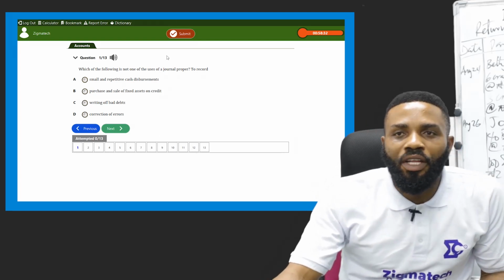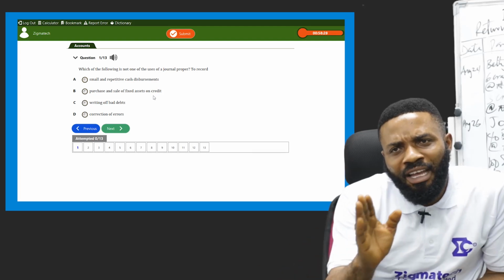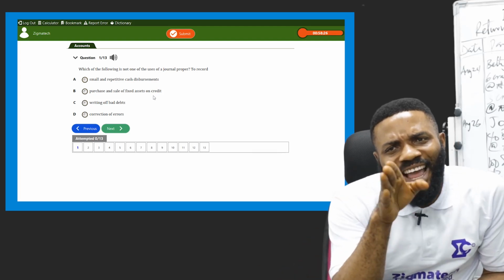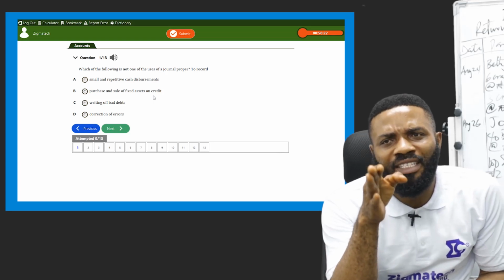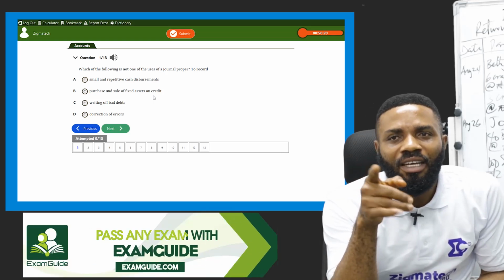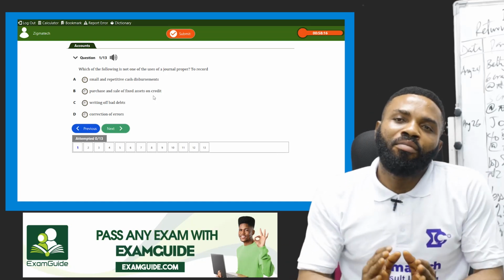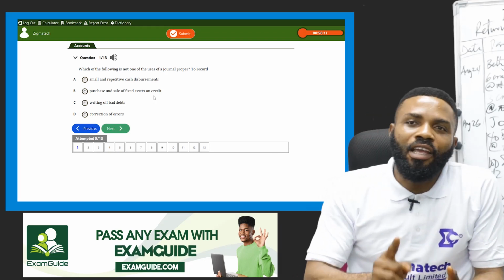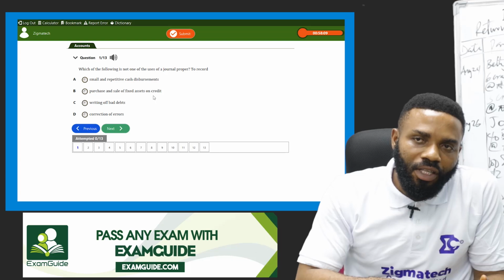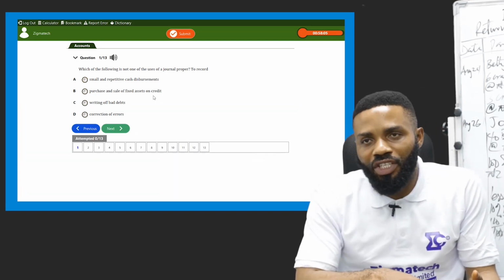So the question here, if you look at it, there is this slight similarity between purchase and sales of fixed asset on credit and this written off of bad debts. Now, when transactions are carried out on credit, if it is purchase, it will be recorded in purchase day book.